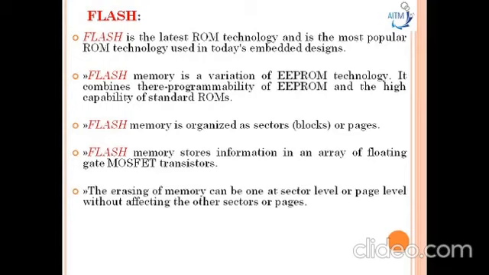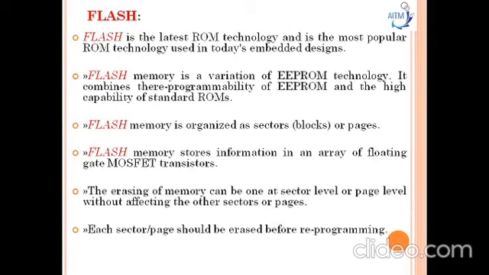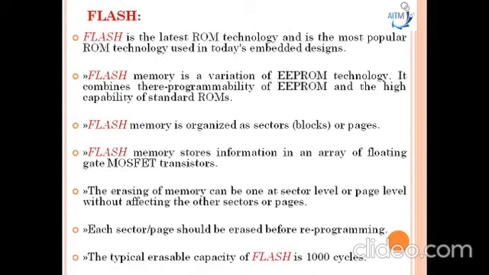Here the erasing of a memory can be at the sector level, that is the block level, or the page level, without affecting the other sectors or pages. Each sector or page should be erased before reprogramming, and the typical erasable capacity of flash is 1000 cycles.